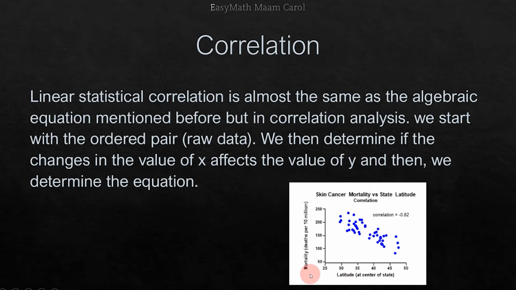And then, meron ding dito sa y value or dependent ay yung mortality or deaths per 10 million. Ilan yung mga namamatay per 10 million of population. This one is about the skin cancer mortality versus state latitude correlation. So, ayan yung visualization niya.